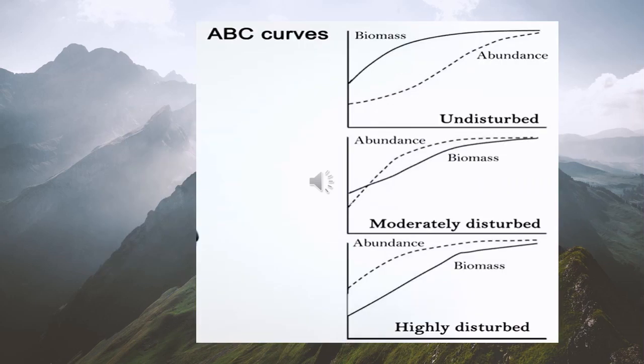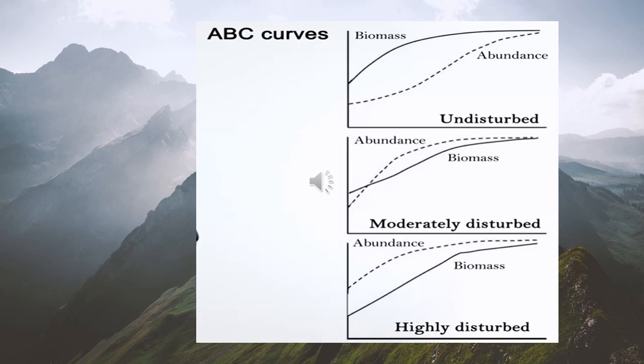A third interesting way to analyze the effects of anthropogenic impact on biodiversity is the abundance biomass curve, or the ABC curve. From this curve, you can monitor what the effects are. For example, you will see in here there are three different communities. One is undisturbed, the second one is moderately disturbed, and the third one is highly disturbed.